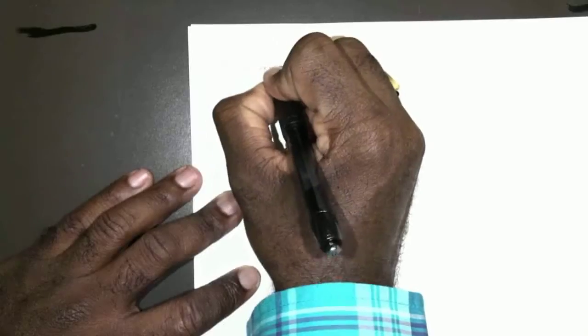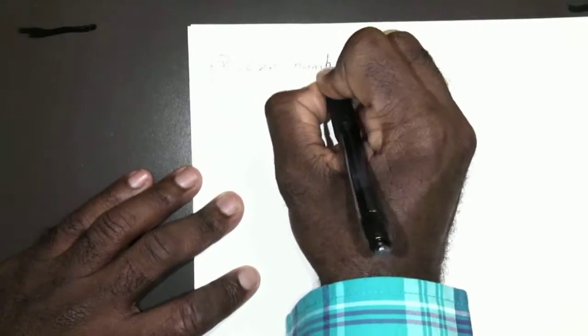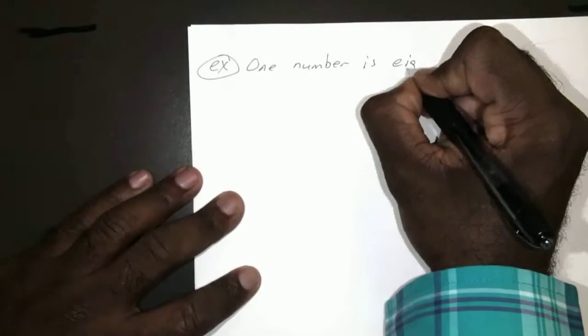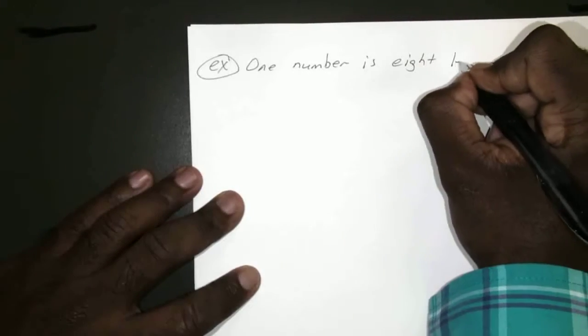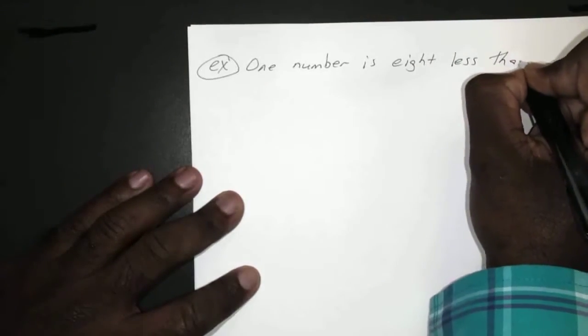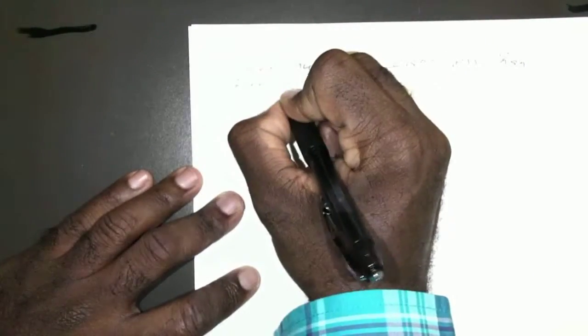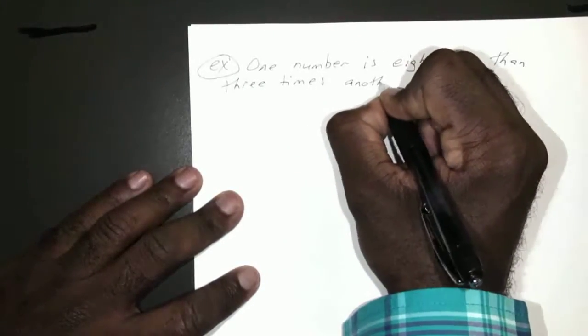Okay, so let's say, for example, one number is 8 less than 3 times another number.